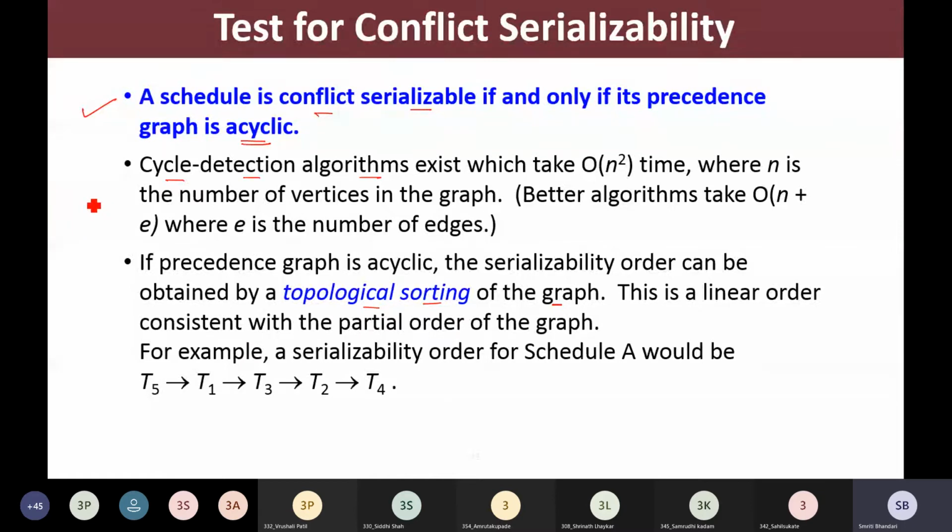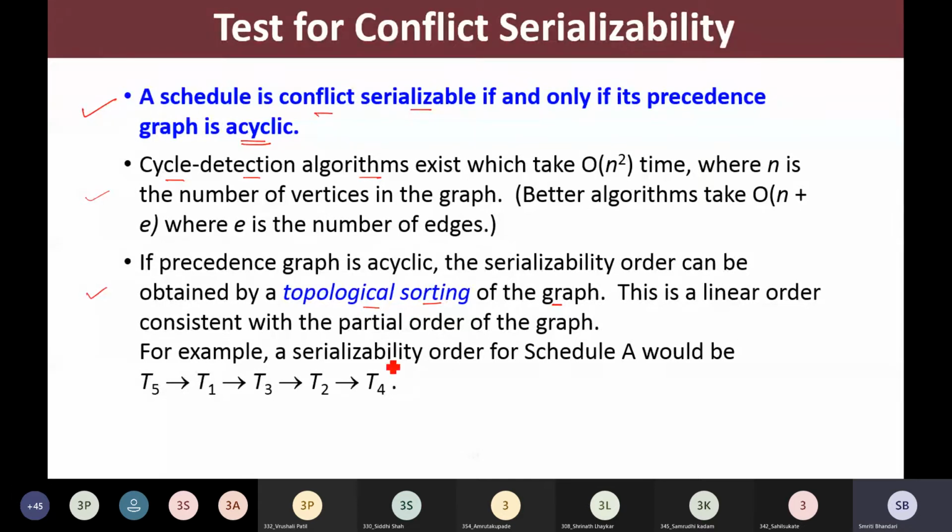If there exists a cycle, that means the schedule is not serializable. But if there is no cycle present, then we go for one more algorithm meant for topological sorting of the graph.